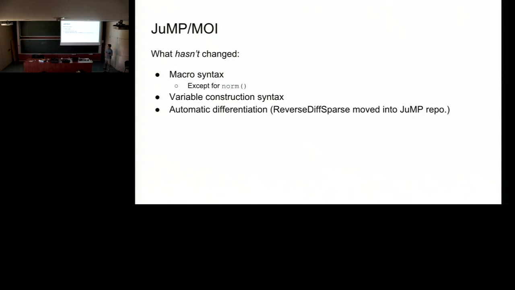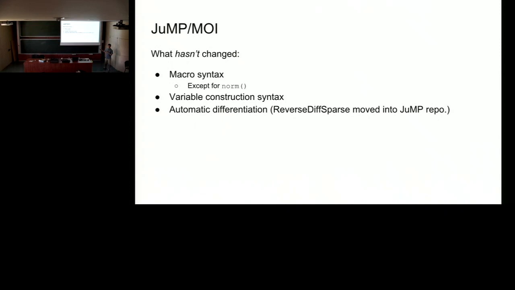Variable construction syntax is basically the same. I think we changed the SDP keyword to PSD for aesthetic preferences. That was basically it. Automatic differentiation has not changed. ReverseDiffSparse was a separate Julia package that I wrote that JuMP was using for AD.